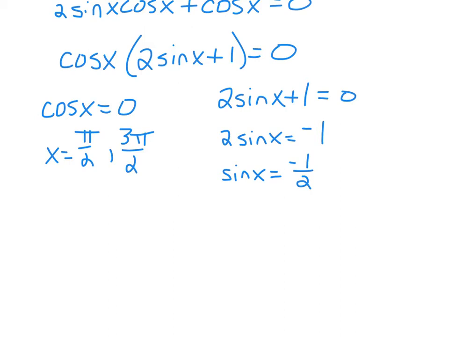So the y values are negative down in the 3rd and 4th quadrant. And so again, if you don't remember these, check out your unit circle. So down at 7 pi over 6 and 11 pi over 6. So not much different, right? You just got another formula that you can play around with.